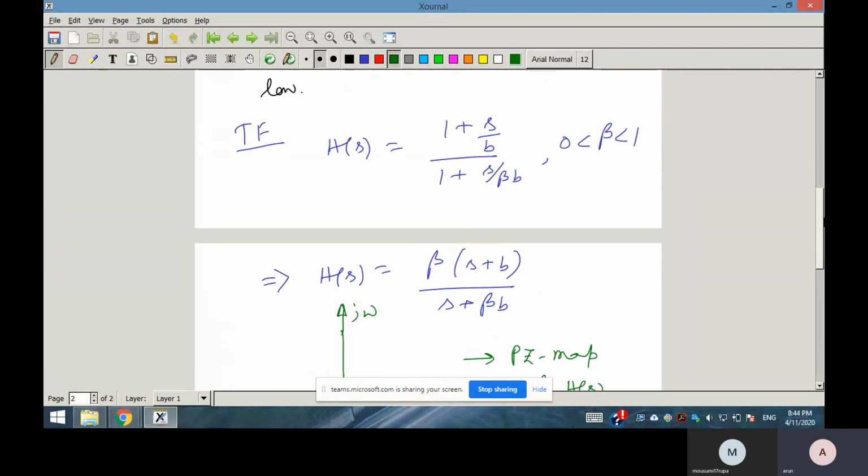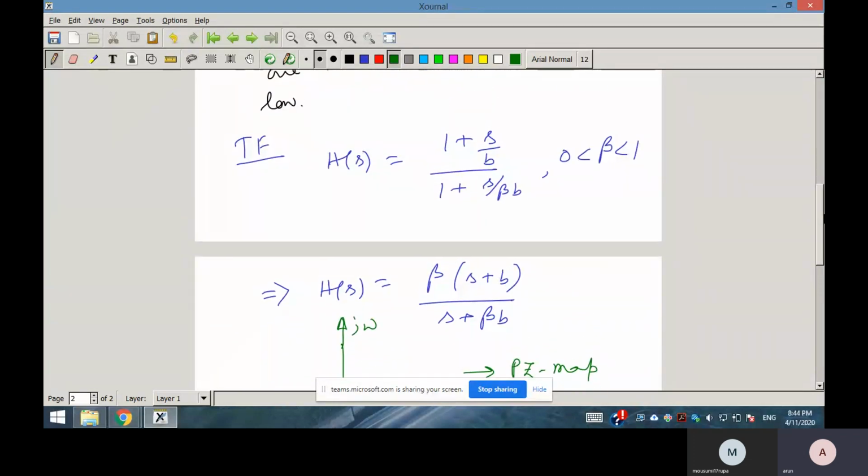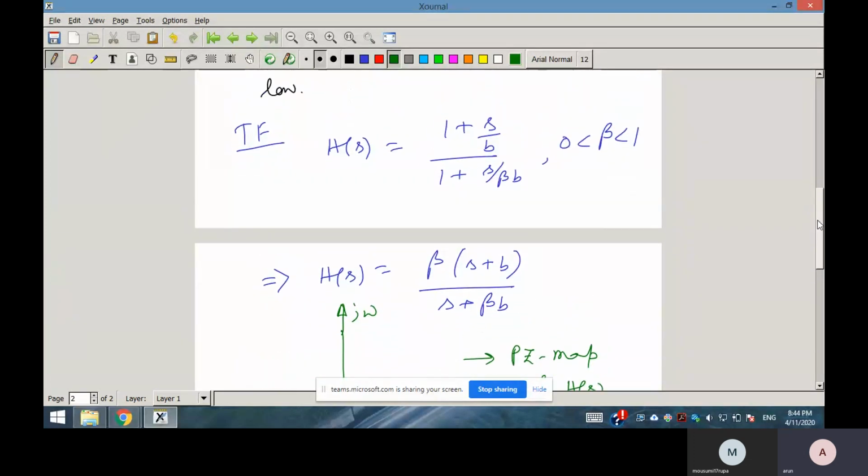At omega equal to infinity, phase is also 0, because phase is tan inverse (omega by b) minus tan inverse (omega by beta b). So when omega equal to 0, phase will be 0, and when omega equal to infinity, it is pi by 2 minus pi by 2, so at that time also it will be 0.